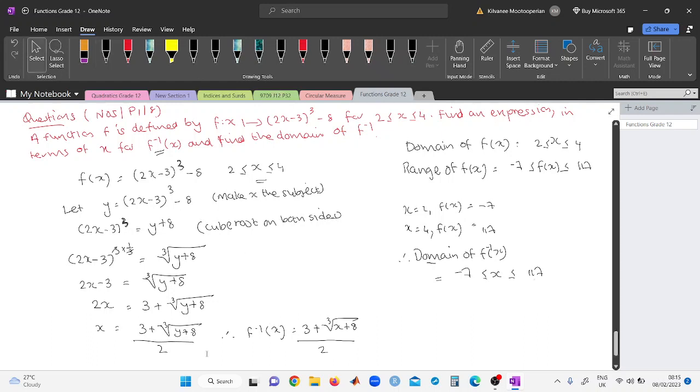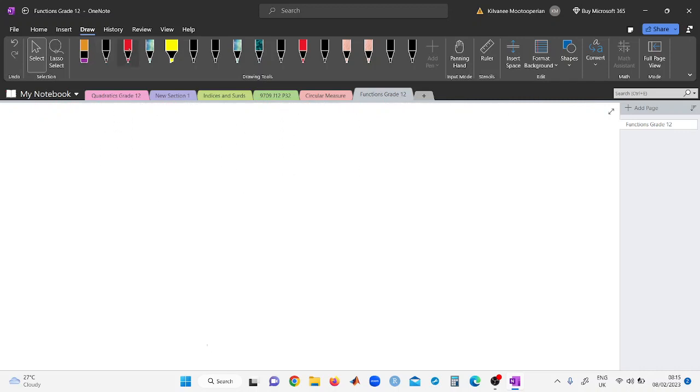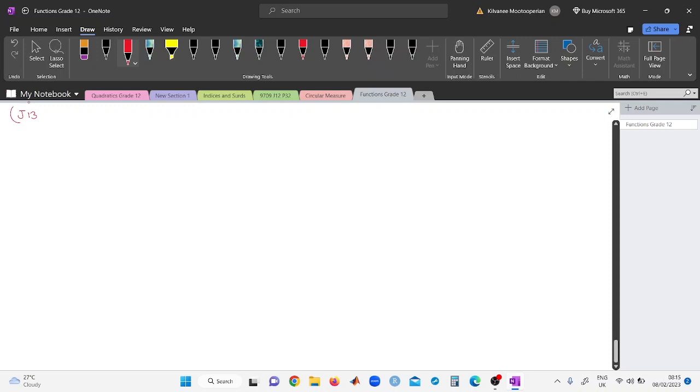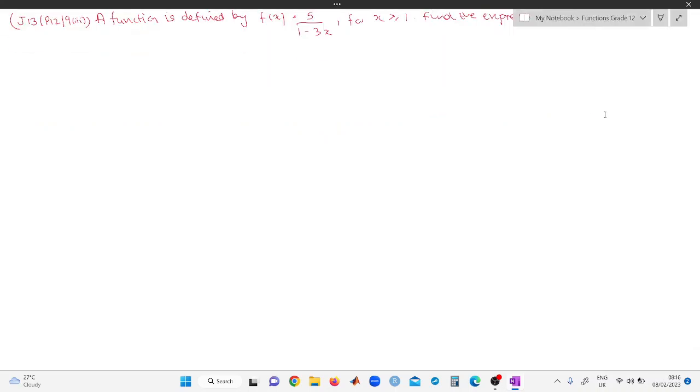Okay, we're done. Let's take another question now. So, this is June 13. The domain of the function is x greater than or equal to 1.